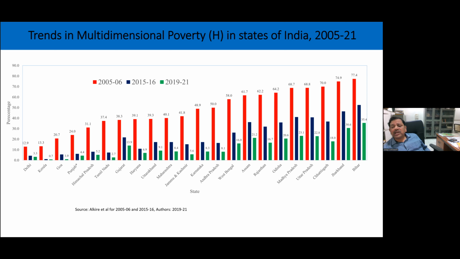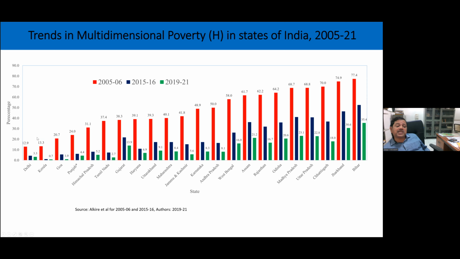If you look into this, you can see that in almost every state there has been a remarkable decline in the extent of multidimensional poverty. It was highest in the states of Bihar and Jharkhand, almost as high as 75%.